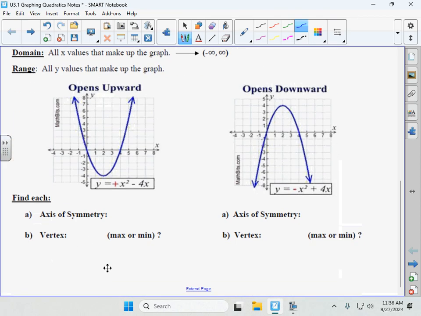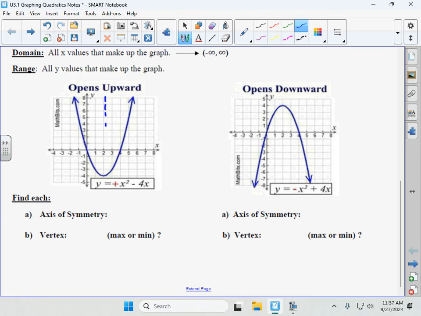All right, so looking at these graphs, let's go ahead and answer each of these questions. On this first one, we can see the equation y equals positive x squared minus 4x. Now, because it's a positive number in front, a is positive, the graph's going to open up. Our axis of symmetry line is going to be the line that cuts the graph in half.